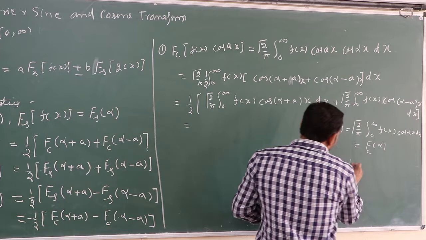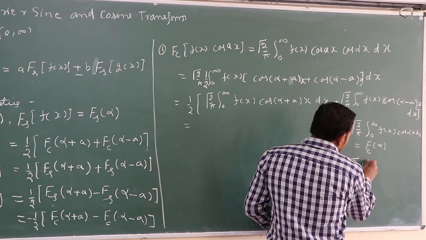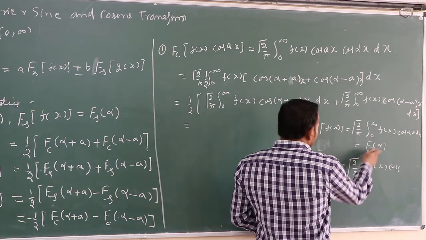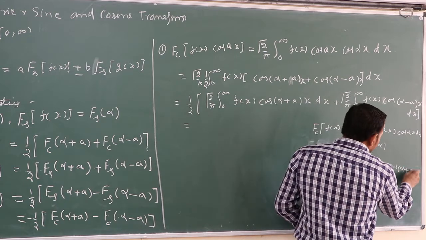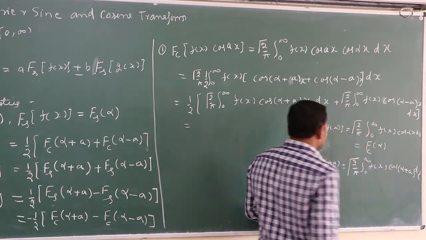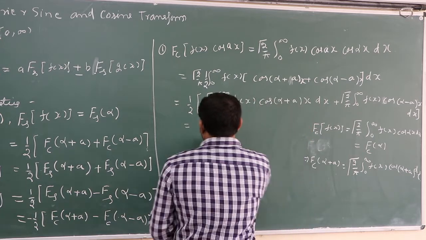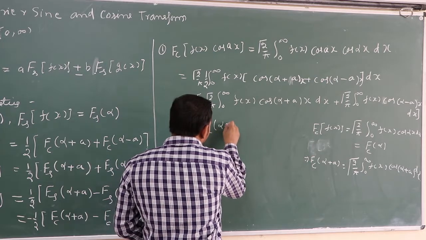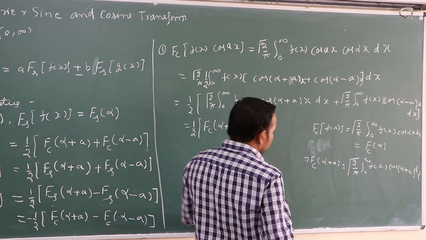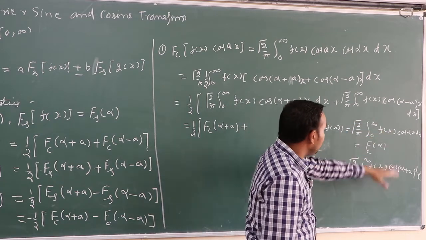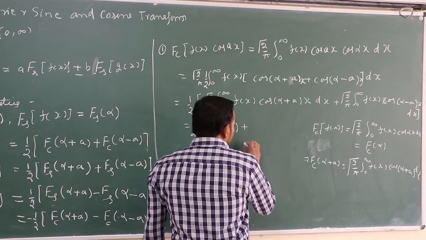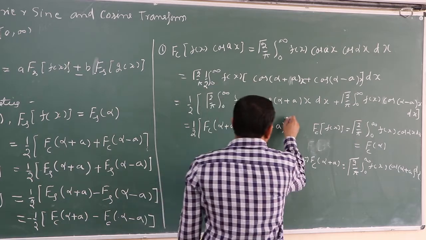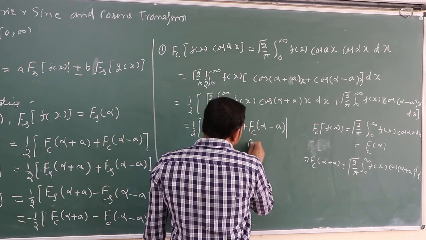Replacing alpha by alpha plus a, and similarly alpha minus a, we can write half of Fc alpha plus a plus Fc alpha minus a. So this is proved.